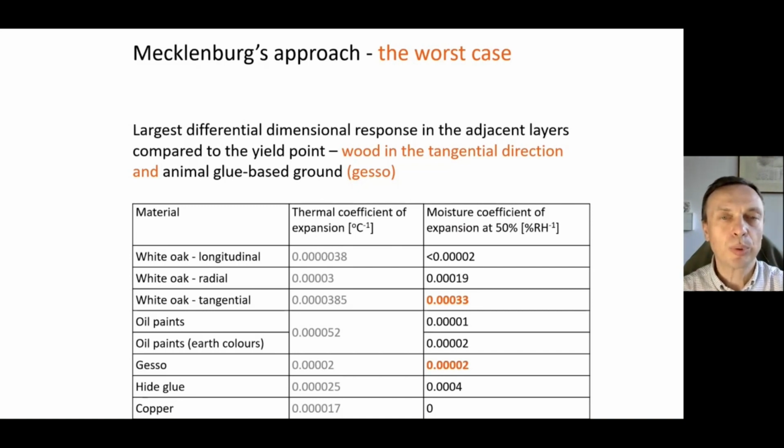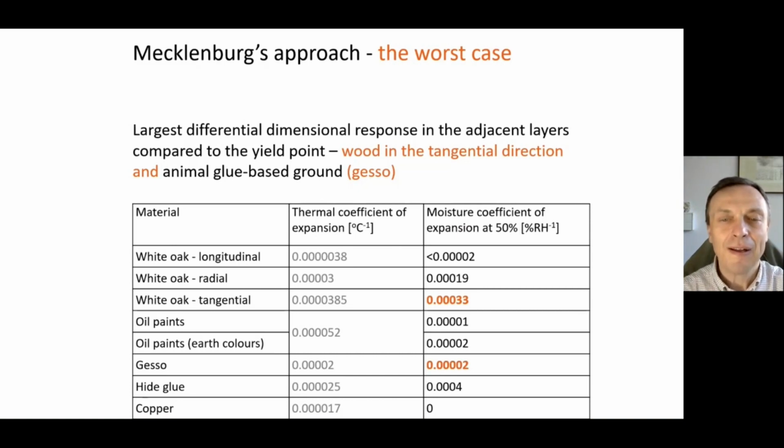So Marion Mecklenburg proposed the approach which we call the worst case approach, in which we define the object most vulnerable to humidity variation, a virtual object. This virtual object is defined by the largest differential dimensional response in the adjacent layers compared to the yield point, the criterion of damage. And in this case, it is wood in tangential direction and animal glue-based ground, which we also call gesso.